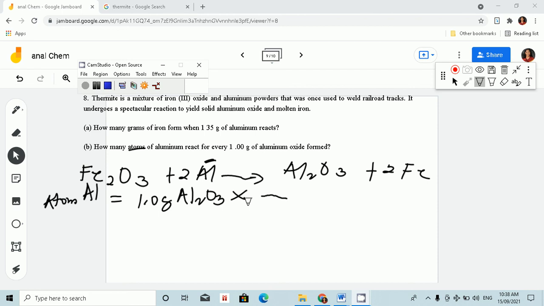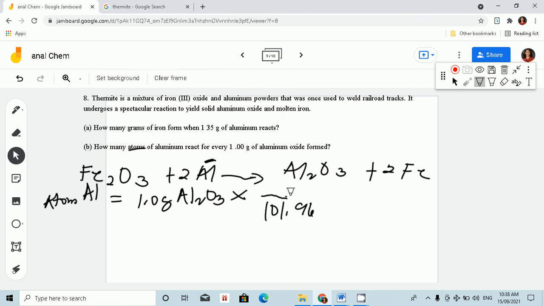Then 1 mole of Al2O3 has 2 moles of aluminum.